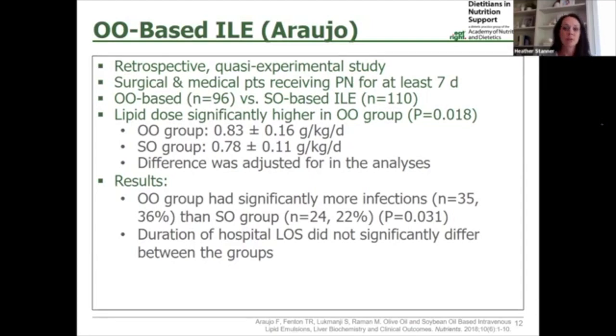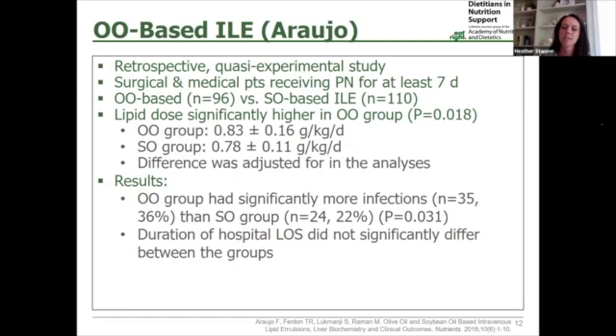They looked at the dosing of lipid as well as other macronutrients, and they found that the lipid dose was significantly higher in the olive oil group. However, although this group did receive more lipids and actually less dextrose, these differences were adjusted for in the outcome analyses. So what they found by looking back at these records is that the olive oil group had significantly more infections.